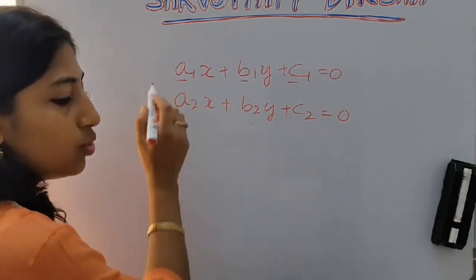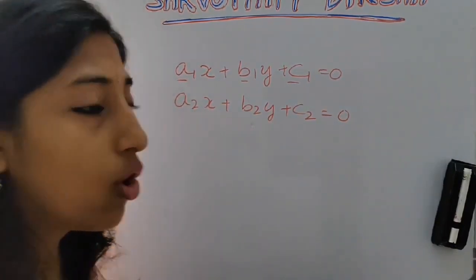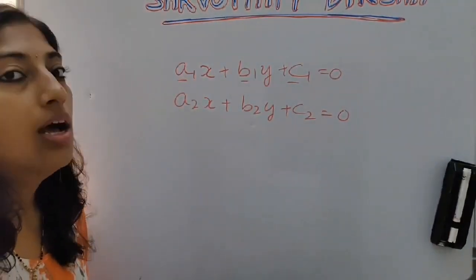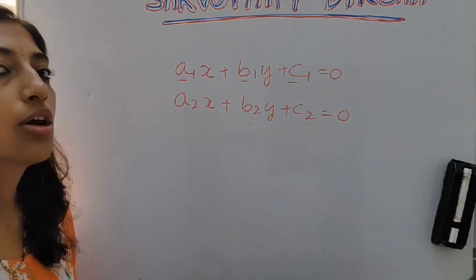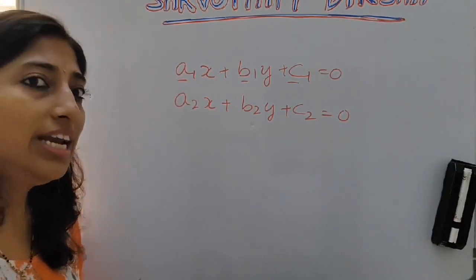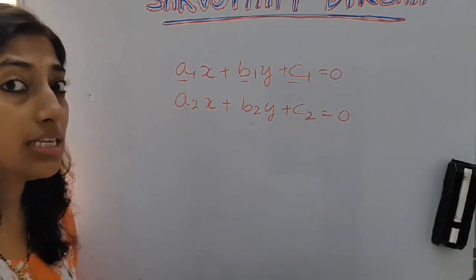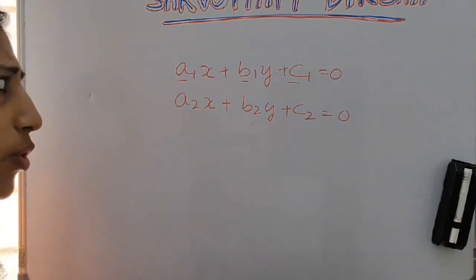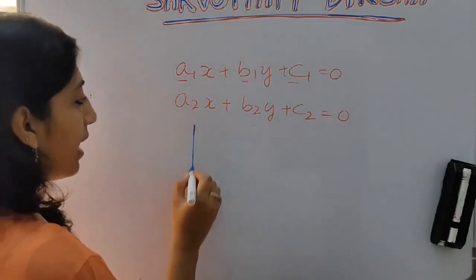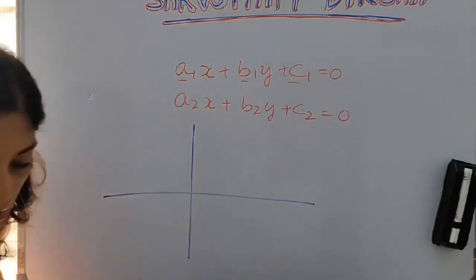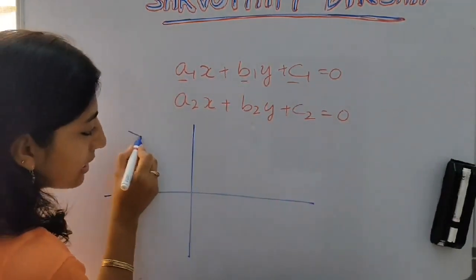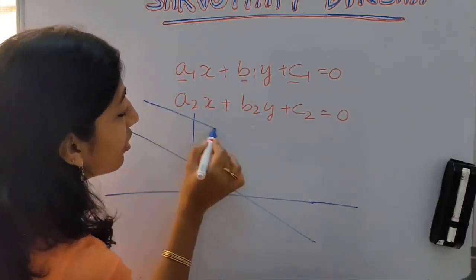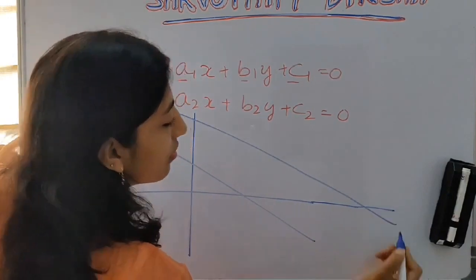Suppose there are two linear equations. Is it always possible for them to have a solution? Having solution means the common point of intersection. So is it always necessary that they will intersect? We know concept of parallel lines also. If my two lines are parallel, they won't ever intersect.